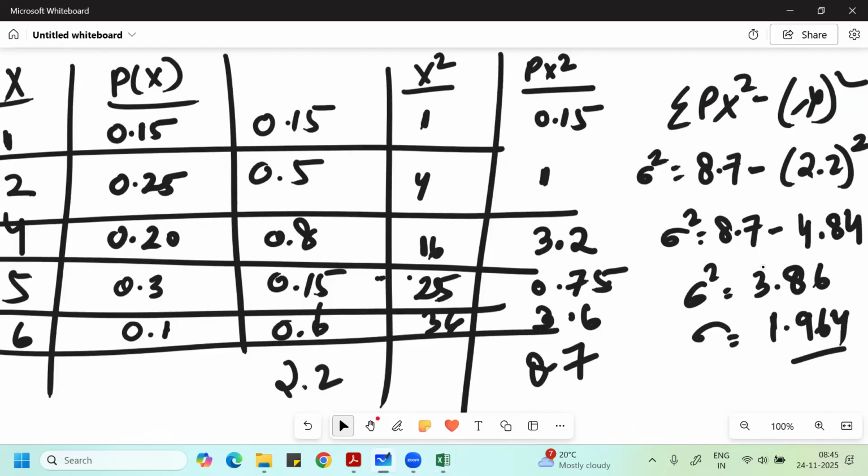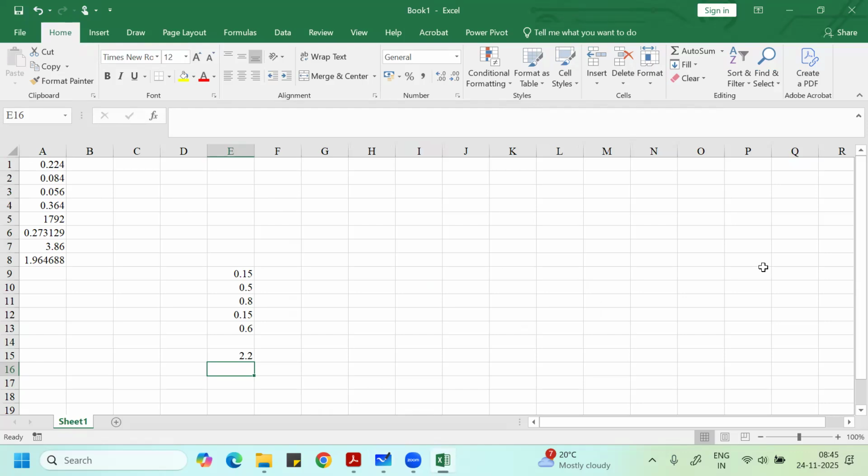Then again 0.15, then 0.5, then 0.8, 0.15, 0.6, then 0.15, 0.5, then 0.8, then 1.5.